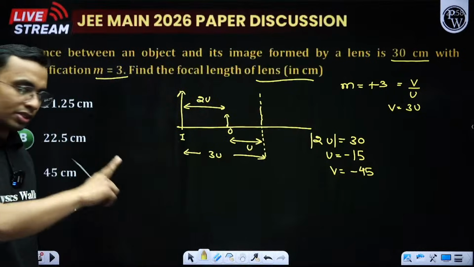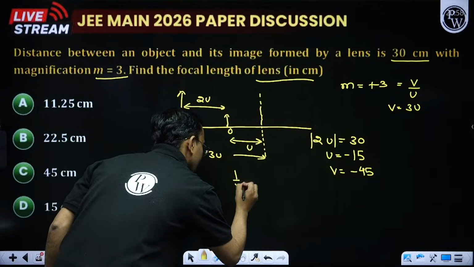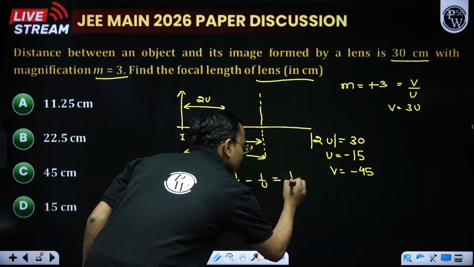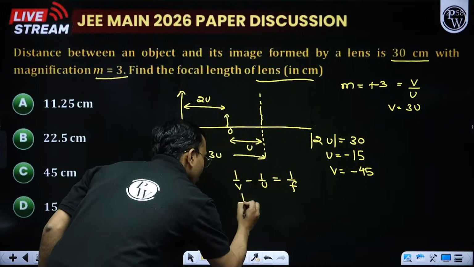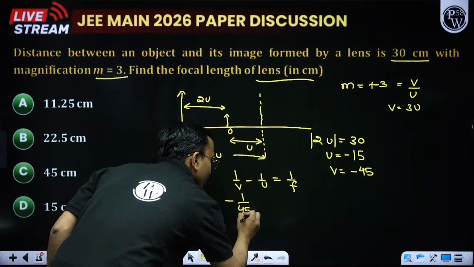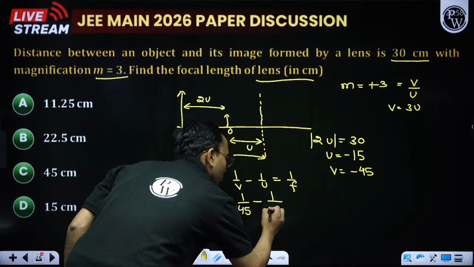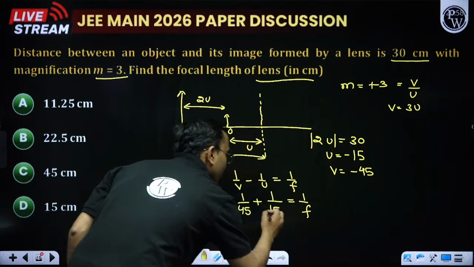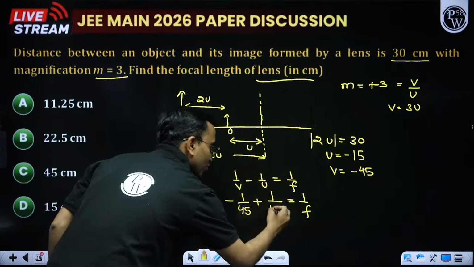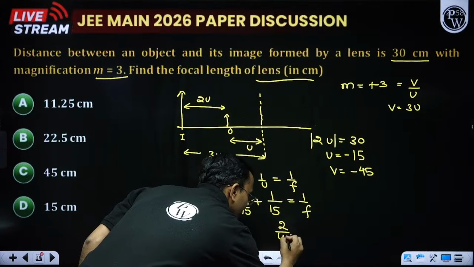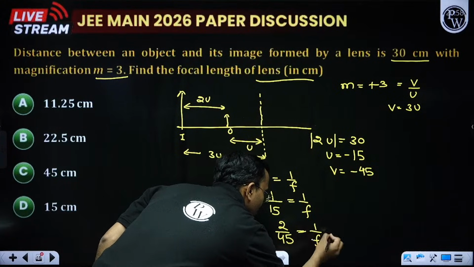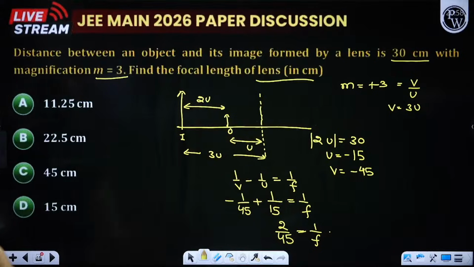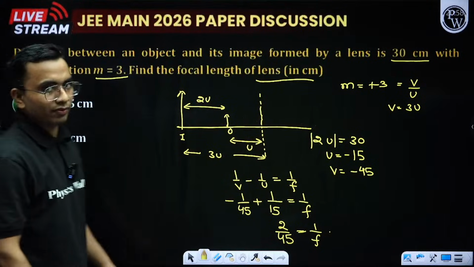Now use the lens formula. 1 by V minus 1 by U is equal to 1 by F. 1 by minus 45 minus 1 by minus 15, so plus here, is equal to 1 by F. Multiply and divide with 3. So this will remain 2 by 45. This is my 1 by F. So F comes out to be 45 by 2, that is 22.5.